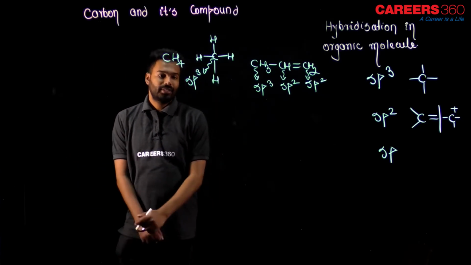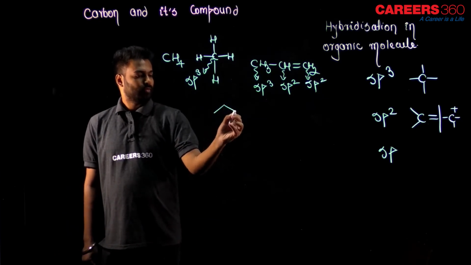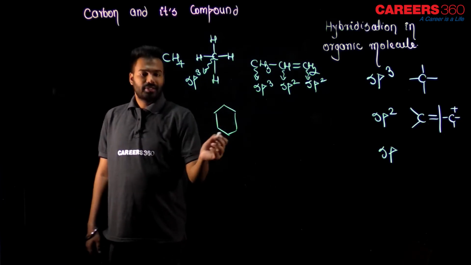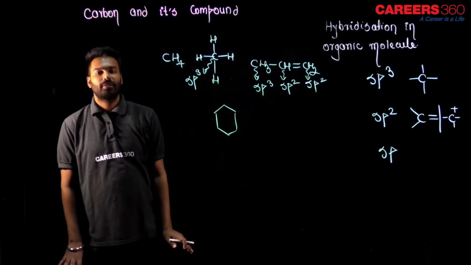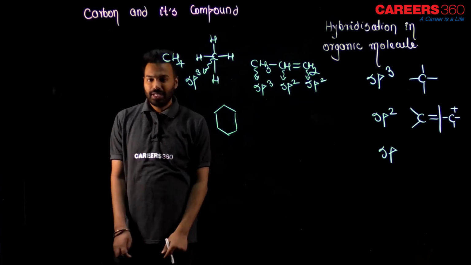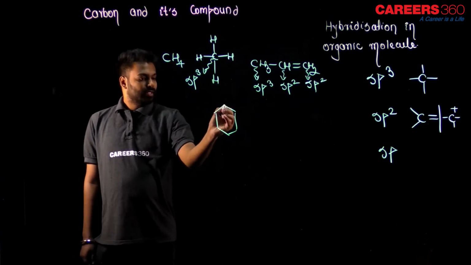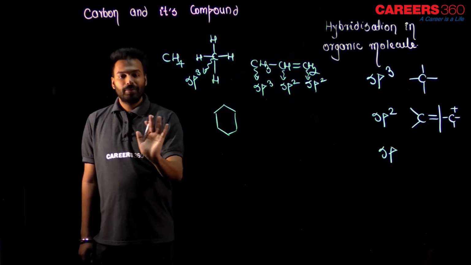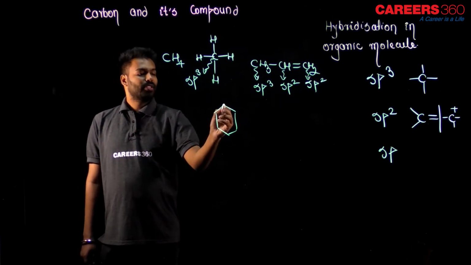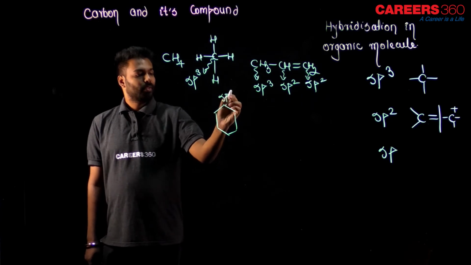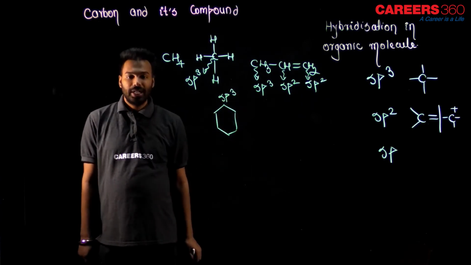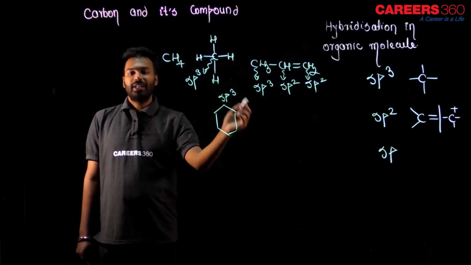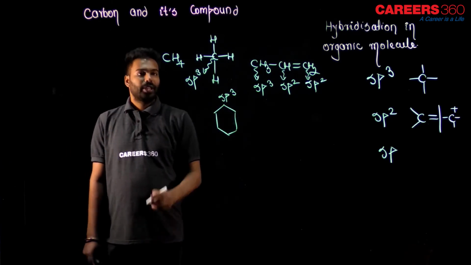Let us see some more examples. See this one. This is actually called cyclohexane; no need to remember the name, just learn the hybridization calculation. See, this carbon is involved only with single bonds, no double bond, no triple bond. So what is the hybridization? sp3. What about this carbon? I told you in the last class that a bending position is a carbon.